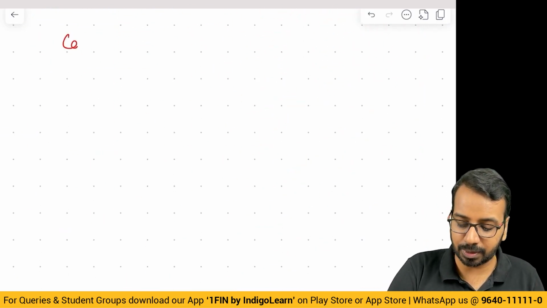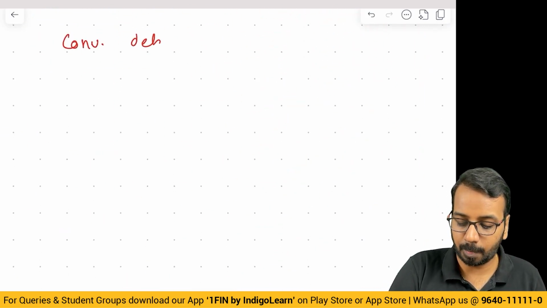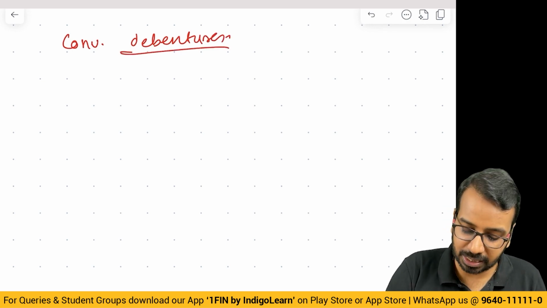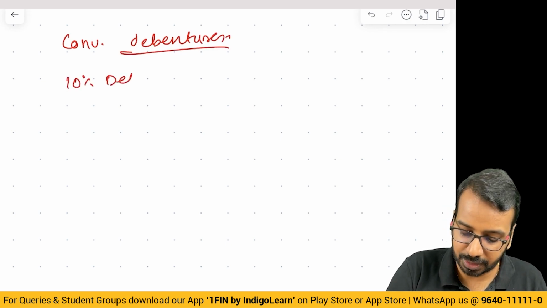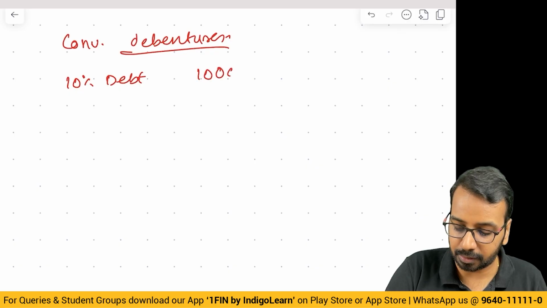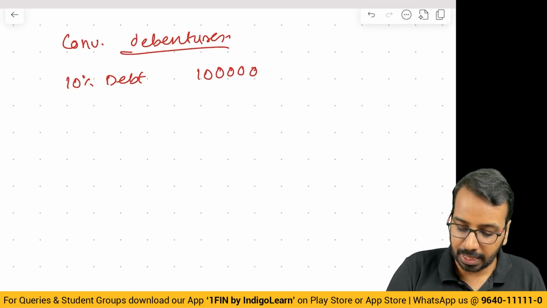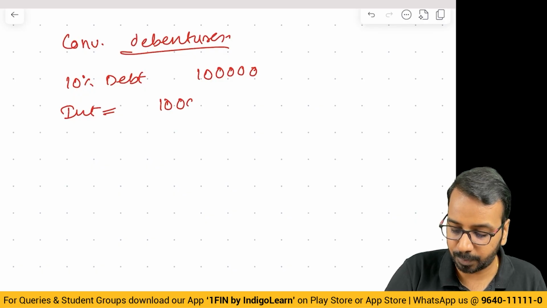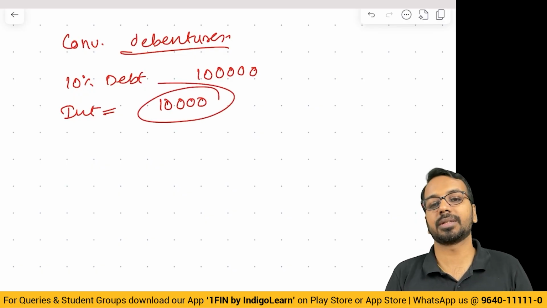Second scenario happens when there are convertible debentures. Now let us say we have 10% debentures of 1 lakh. Interest is 1 lakh into 10%. 10,000 of interest is payable.